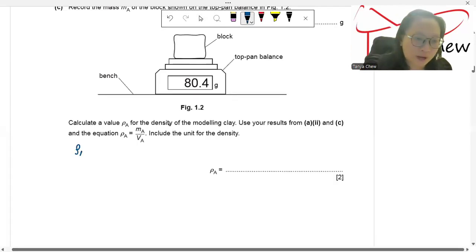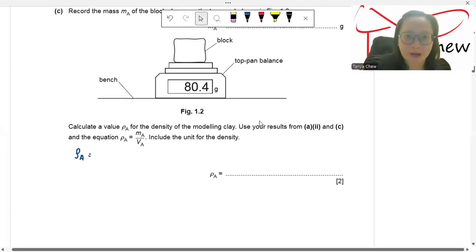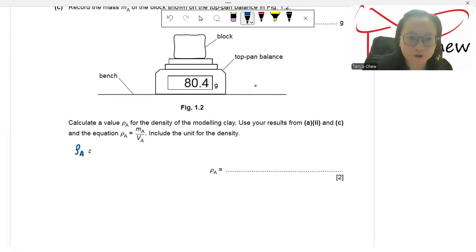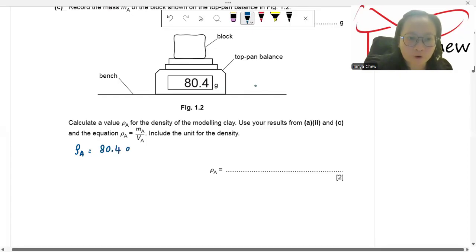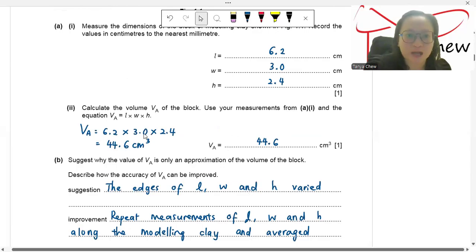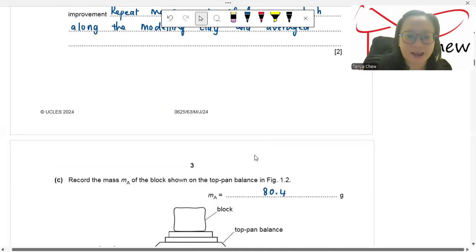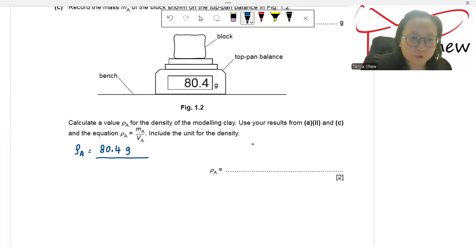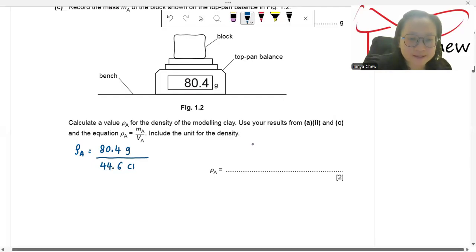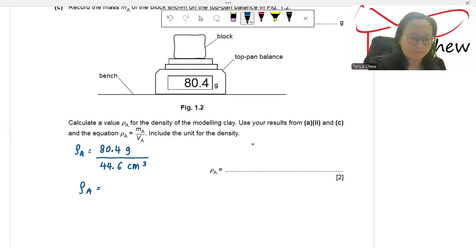So rho A, mass A, MA, this is the one that I got, 80.4, just read off. 80.4 gram, I just put it gram. VA is the one that I just calculated, 44.6 cm cube. Now, my rho A, I got 80.4 divided by 44.6, and I got 1.80.